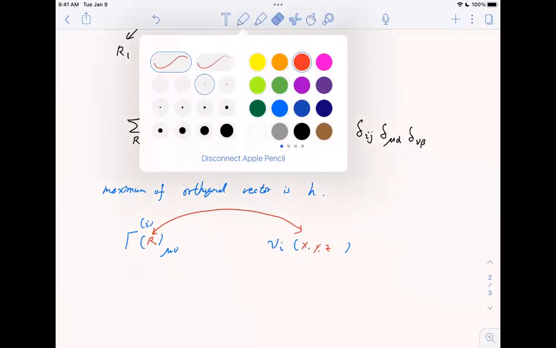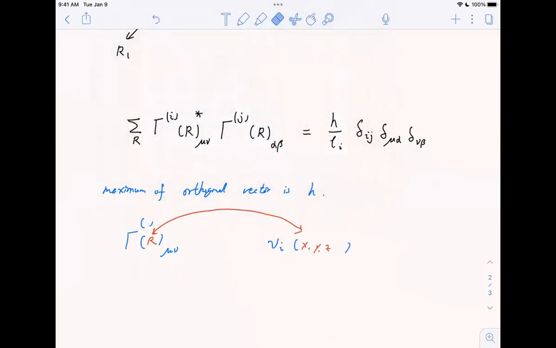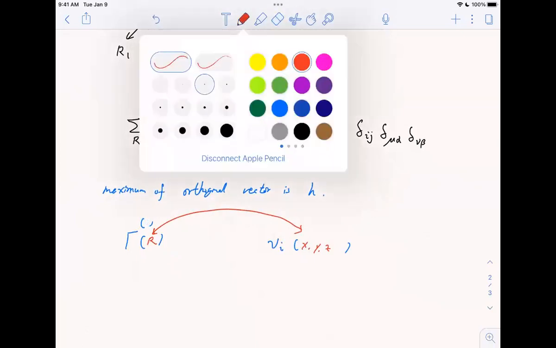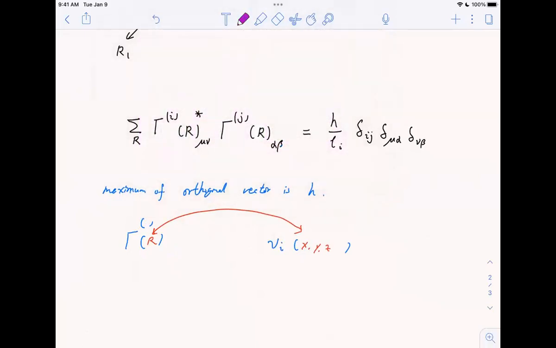And then let me use a different color. This, let's say, mu VI. So this is the I. So this one and this one correspond to this. Okay.